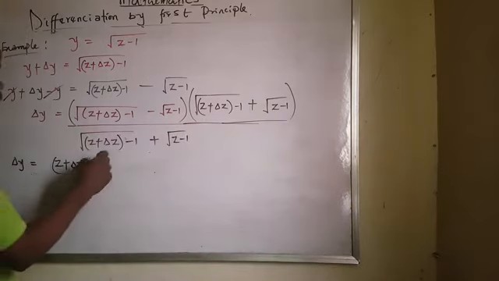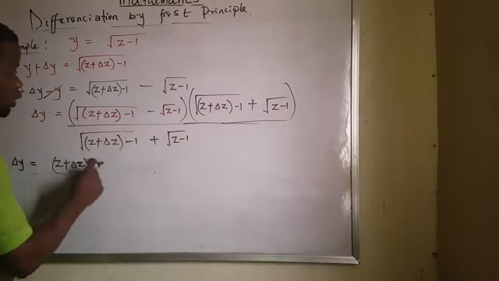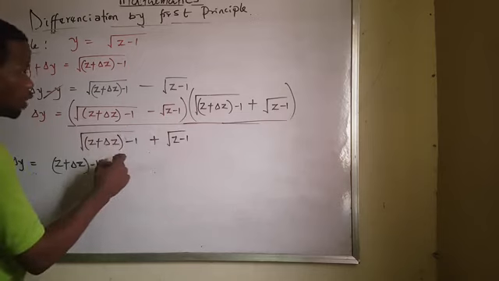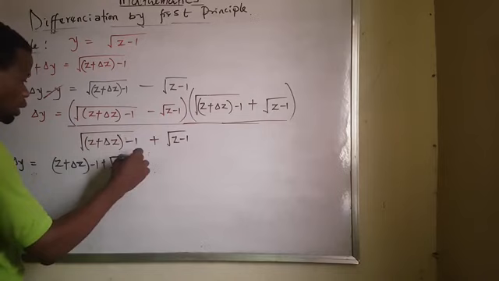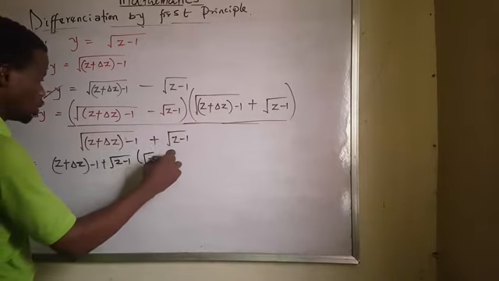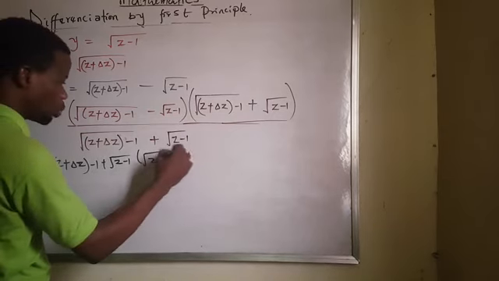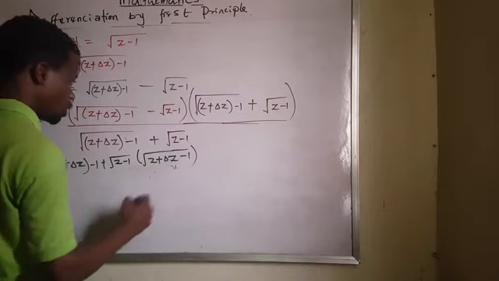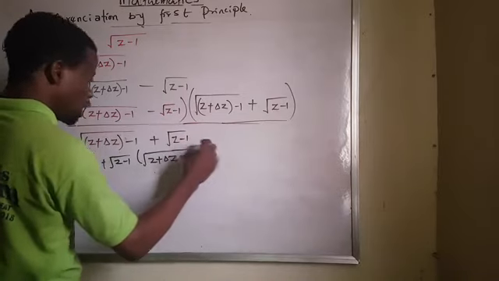I can show you anyway. This times this has given us this. This times this, we have root of z minus 1 times root of z plus change in z minus 1. This times this, then this times this, you have minus the same thing that you have here.